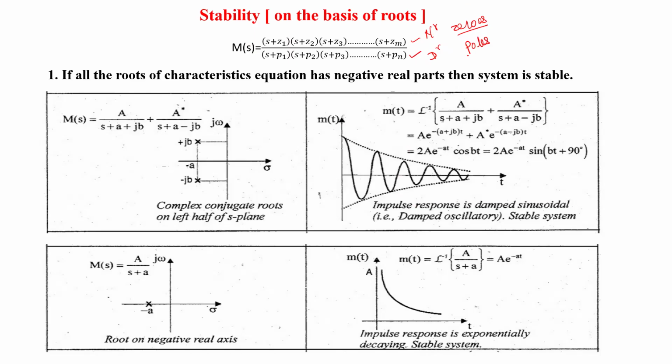So that is the concept of zeros and poles. Zeros are the roots or solution of the numerator polynomial and poles are the solution or roots of the denominator polynomial. On the basis of that, we are going to see the condition here.